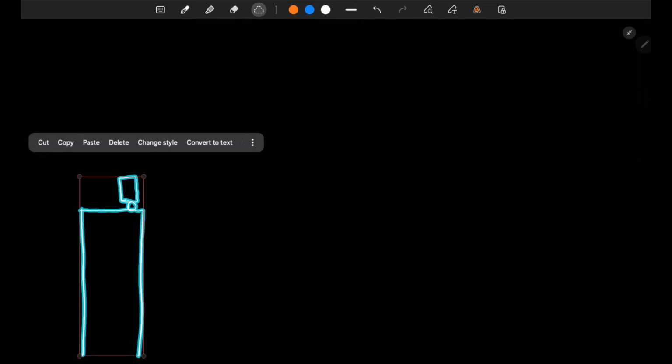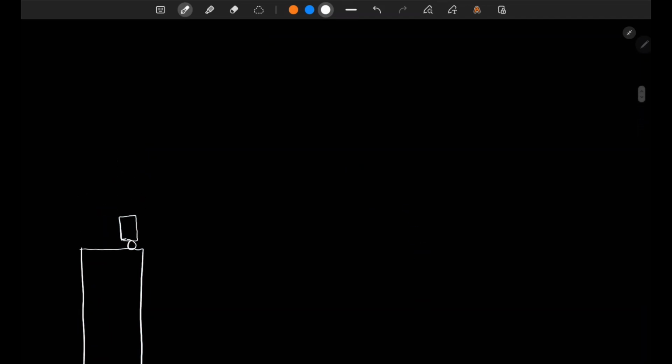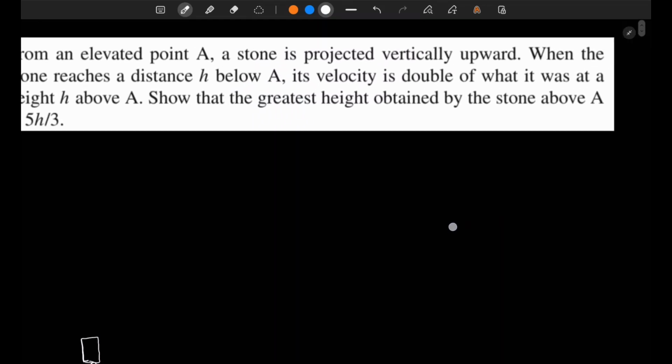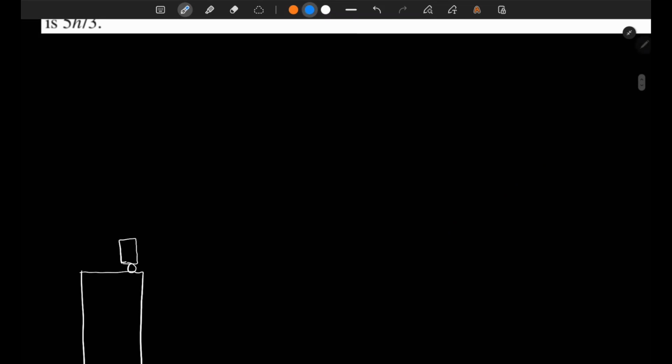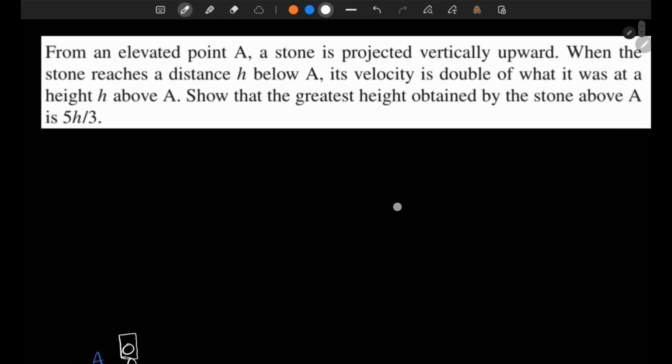And we'll just say that that building is very tall, so we don't care how high it goes, but we know that it's tall enough for our purposes. And this is going to be point A. And at point A, there's some rock or stone that's projected upwards.